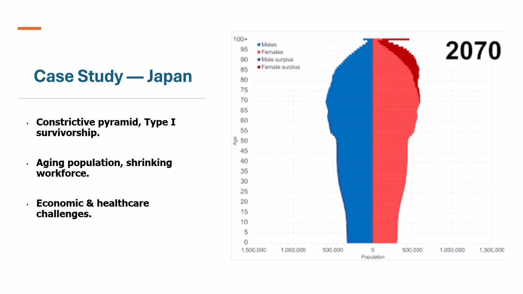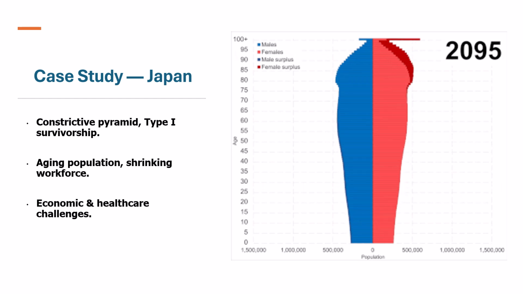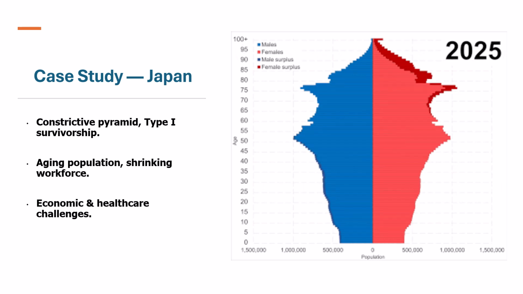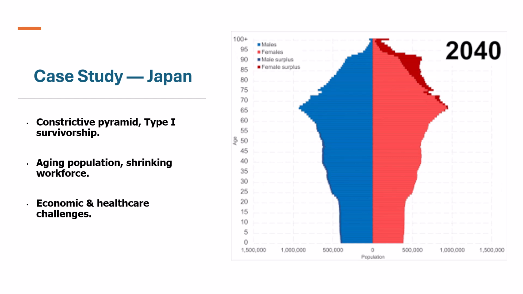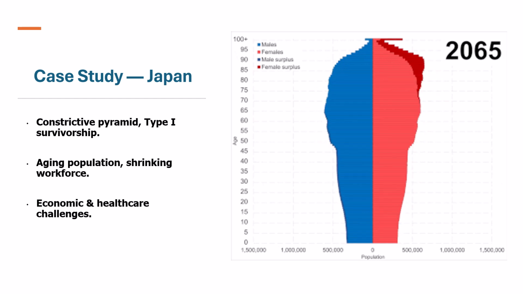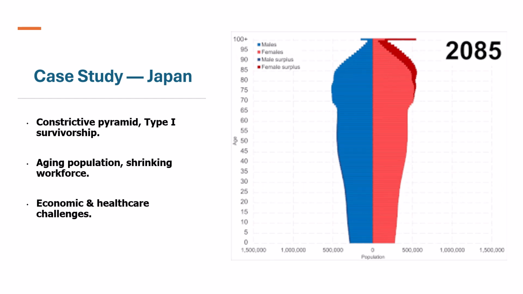This creates significant challenges: fewer working-age people to support pensions and healthcare, alongside an elderly population that requires intensive care. Japan is investing in robotics, elder care technology and immigration to ease these pressures, but the demographic shift remains dramatic.